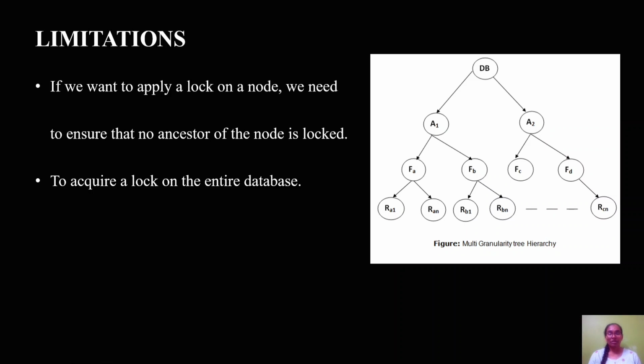If they are not locked, at that time we can lock the database. So these are the two limitations. That is, if we want to apply any lock on these child nodes or any node, the ancestor nodes should not be locked. And if we have to lock the database, all the further nodes should not be locked.